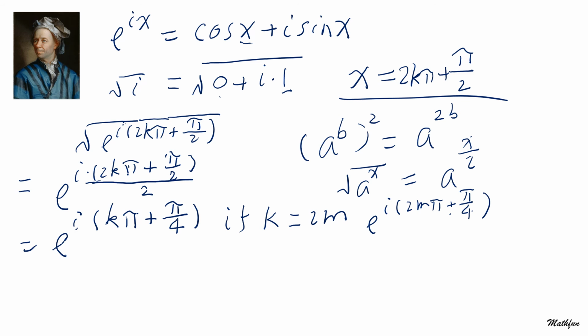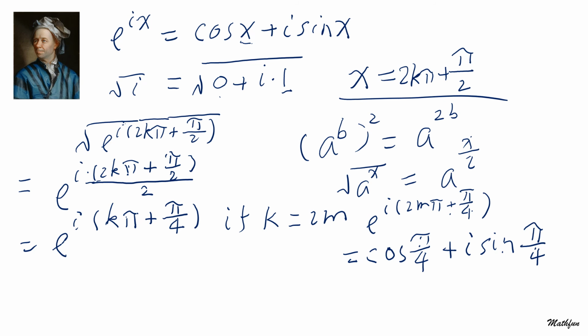Well, now we flip back to the Euler formula, and it will be equal to cosine of 2m pi plus a quarter of pi, which is the same as a quarter of pi anyway, plus i sine of 2m pi plus a quarter of pi, which is the same as sine of a quarter of pi.